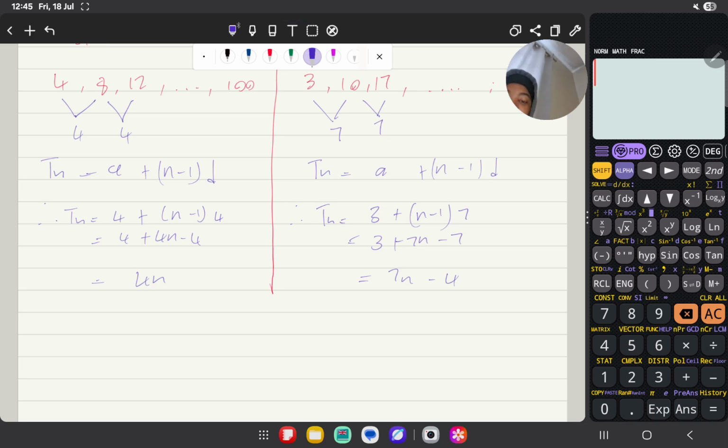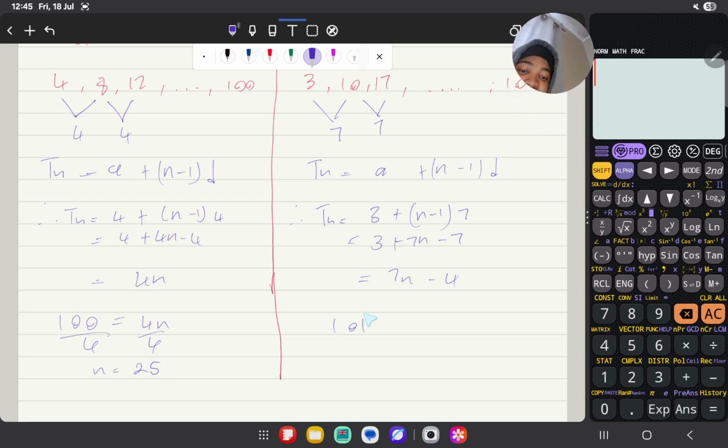Cool stuff. But remember, the reason we did this was to find how many terms we have in each, to find n. So to do that, we say 100 equals 4n, divided by 4, n equals 25. On this side, 101 equals 7n minus 4.